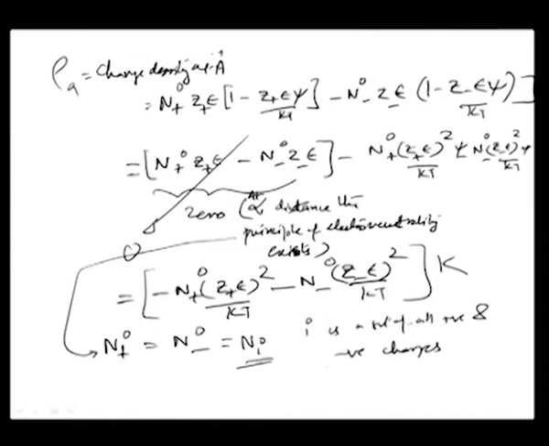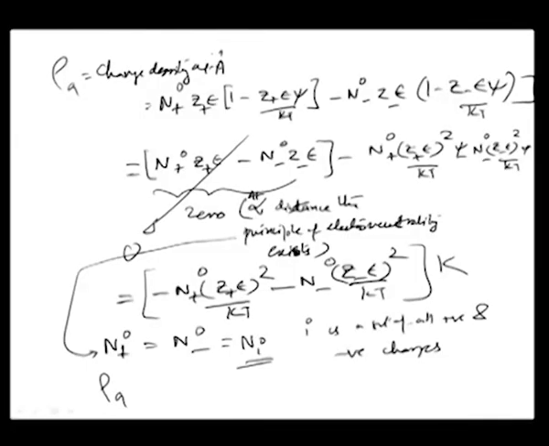Let us say i varies between 1 and n, meaning that if it is exactly half, 1 to n by 2 can be the positive charges, and n by 2 to n can be the negative charges, and so forth. So we can write the charge density rho at A, in a very simplistic manner, as sigma Ni Zi square.